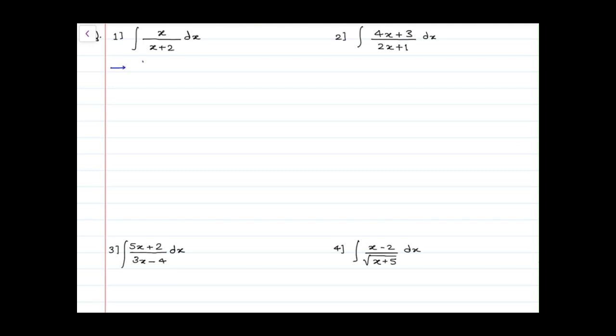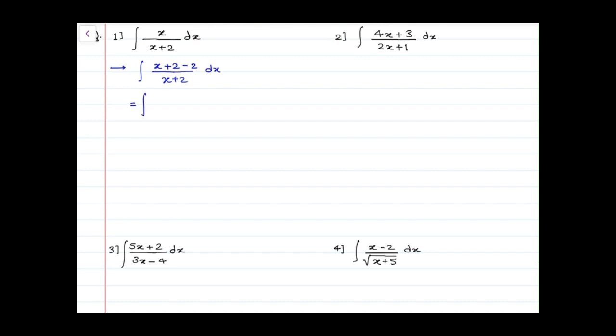Okay, so here in the first question you can see I can simply add plus 2 and subtract 2, right? So if I add and subtract, I will remain with the same equation, right? So for that I have done adding and subtracting.